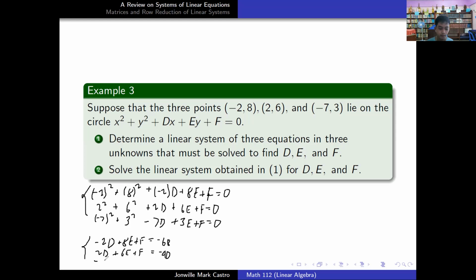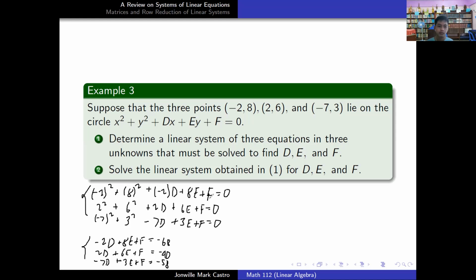And negative 7d plus 3e plus f equals negative 58. So, ito yung linear system natin of 3 equations in 3 unknowns. Yung unknowns natin ay sina d, e, and f.